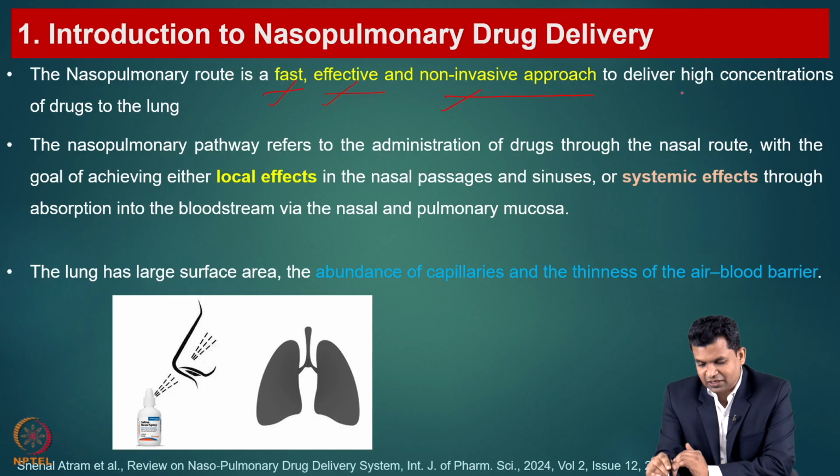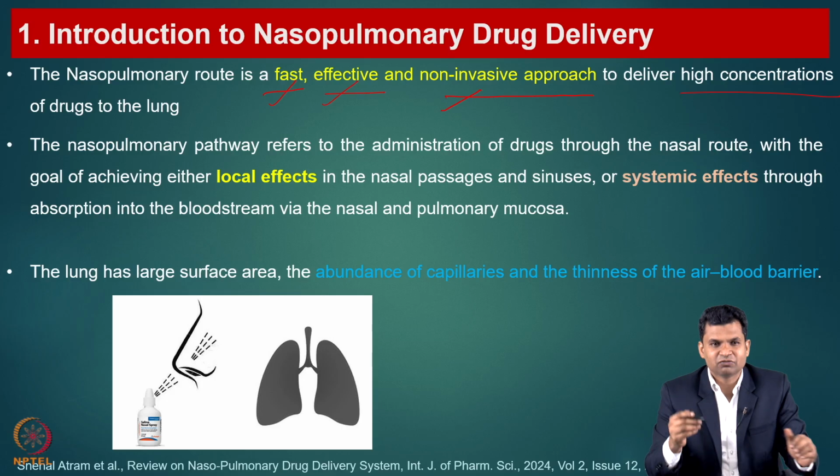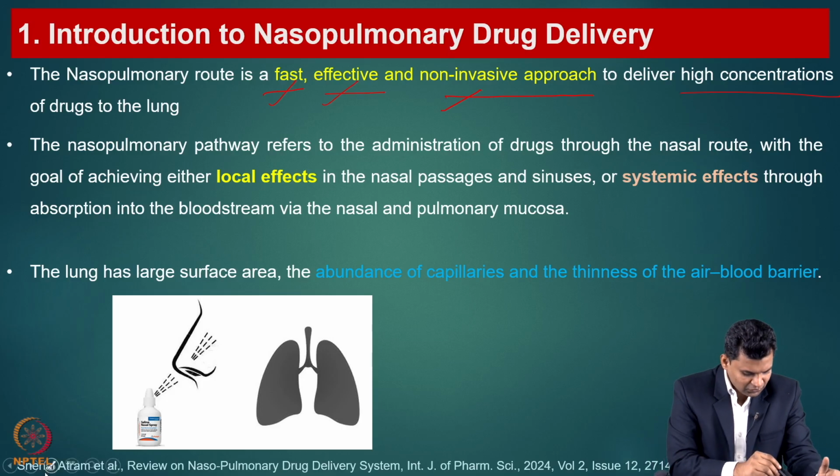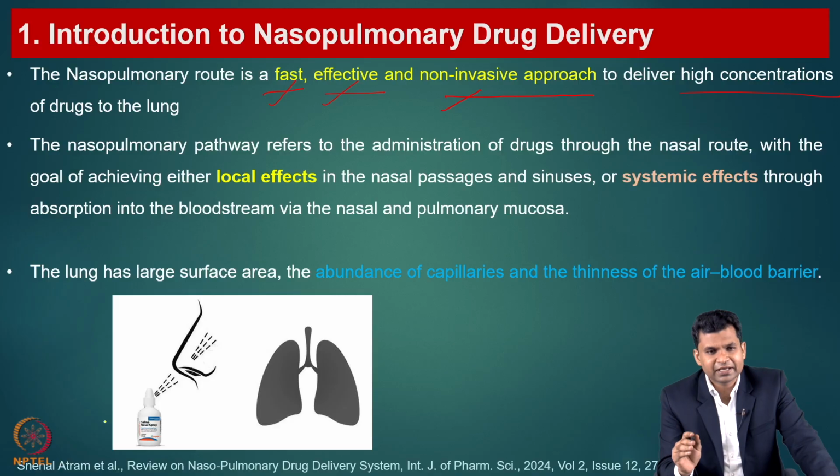But the limitation there is that we cannot use high concentrations of the drugs, right. So, when you go from one route to another route, we will see various types of advantages. Here we can expect high concentrations of the drugs in the lungs.